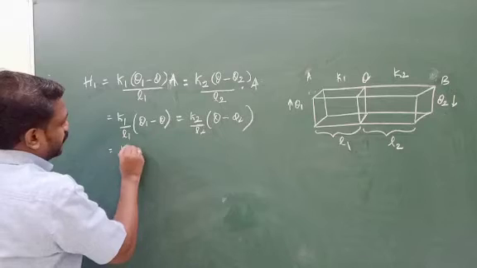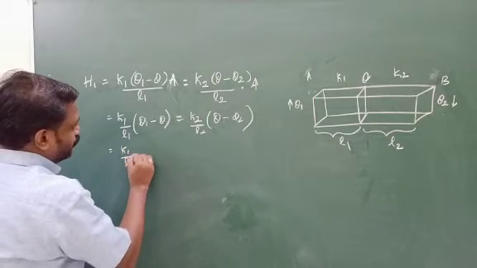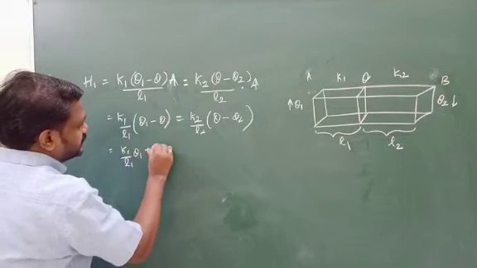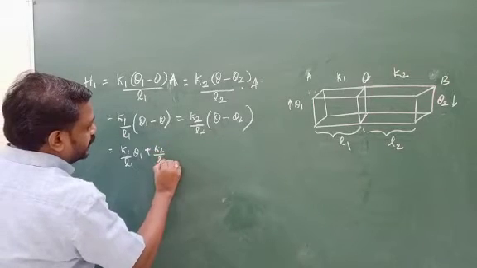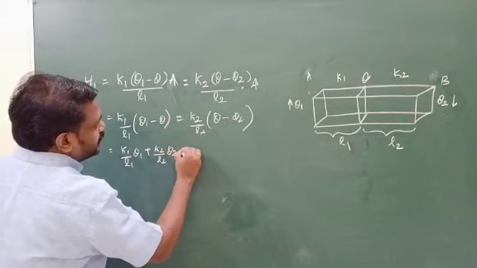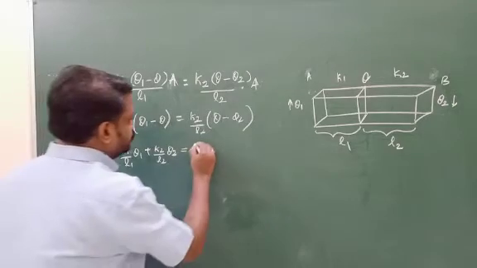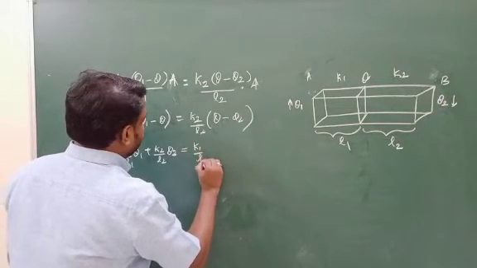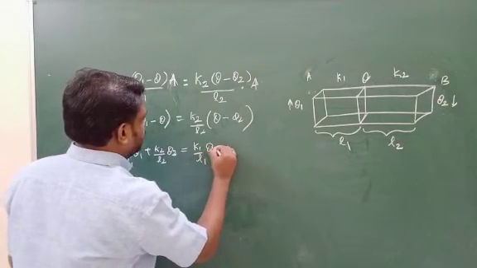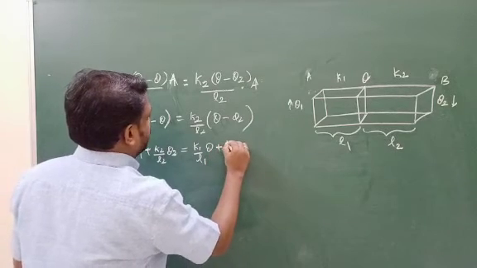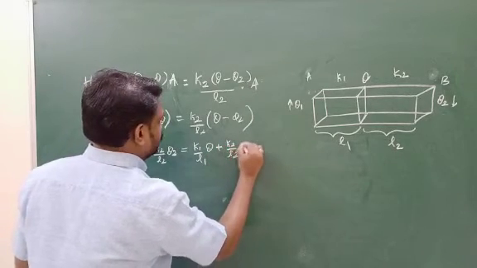So it will become K1 by L1 theta 1 plus K2 by L2 theta 2 equals K1 by L1 theta plus K2 by L2 theta.